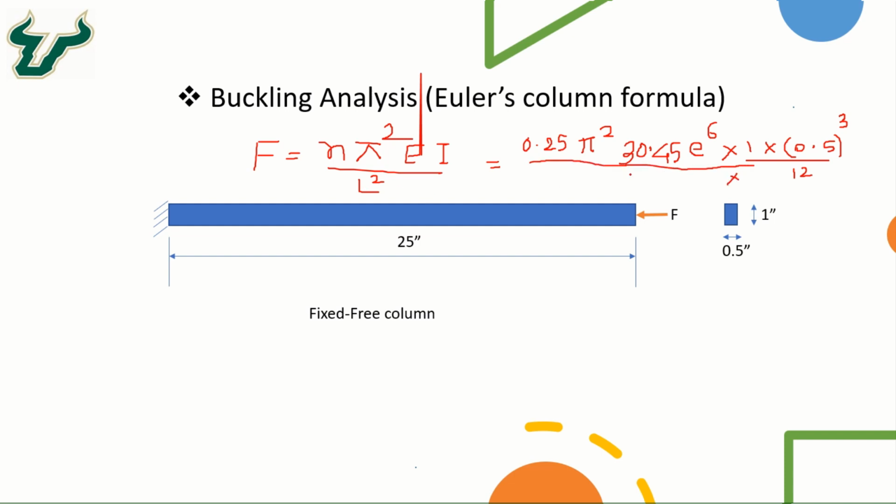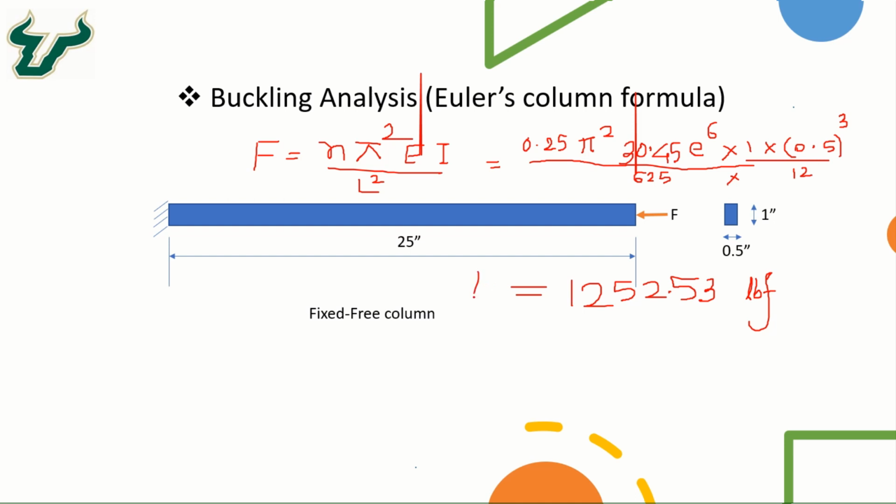L is 25, so 25 square is 625. When you compute this, the number comes out to be 1252.53 pounds force.